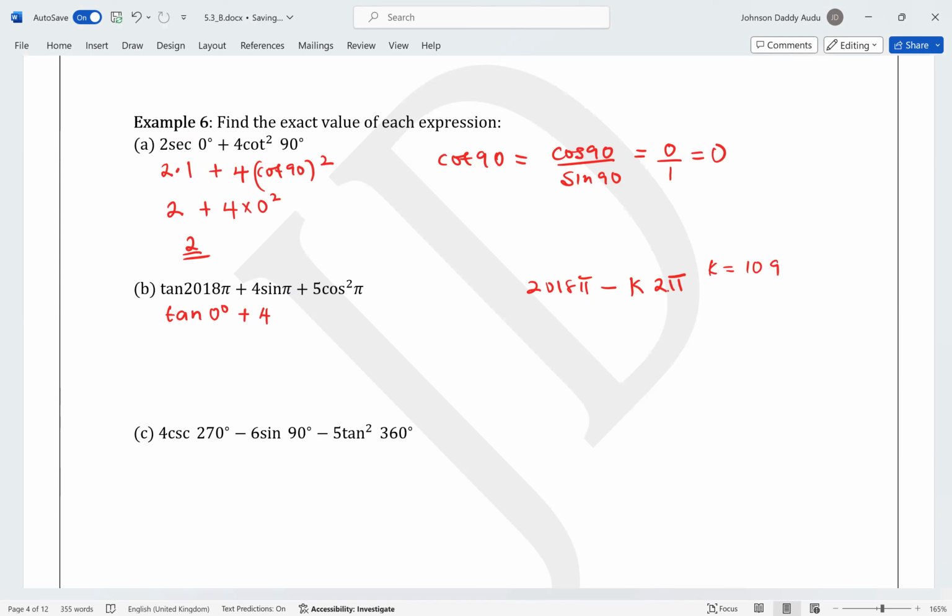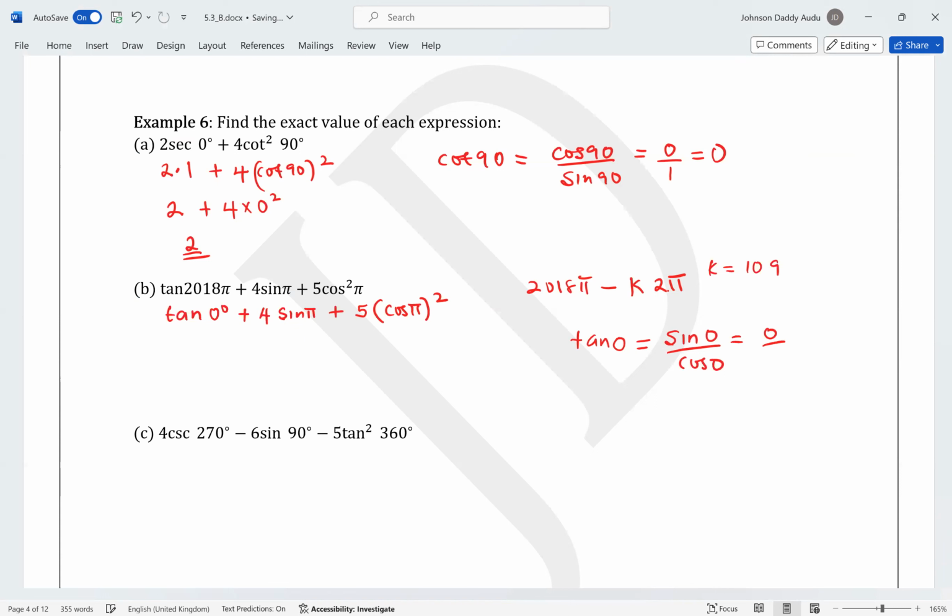All right. What is sine 180? Okay, let me just write this one again. This is like cosine pi all squared. But what is tan 0? Tan 0 is just going to be sine 0 over cosine 0.